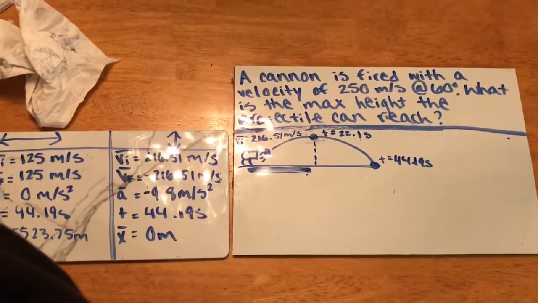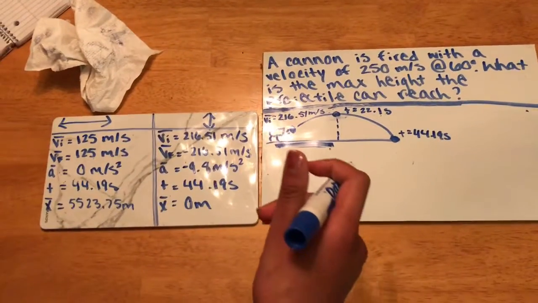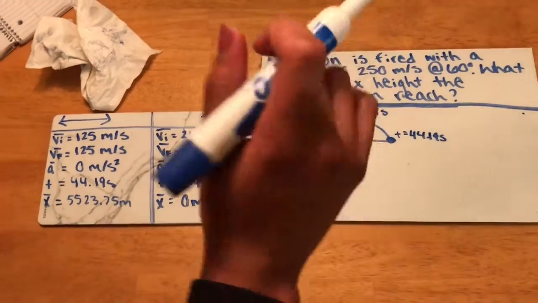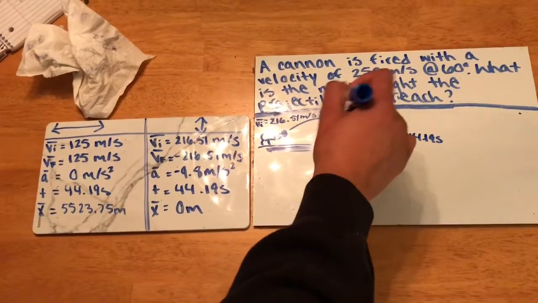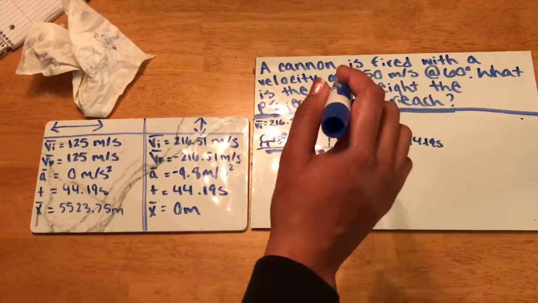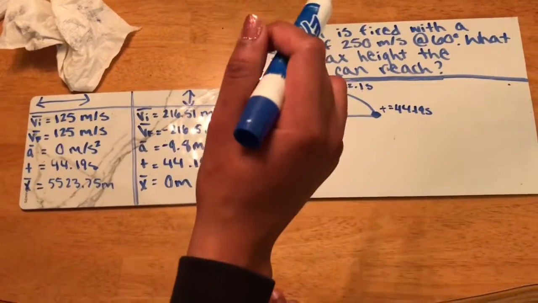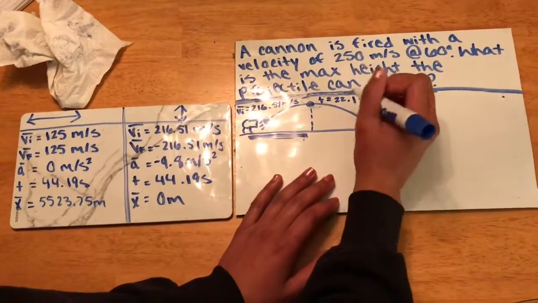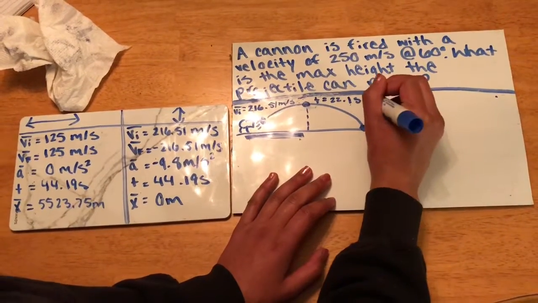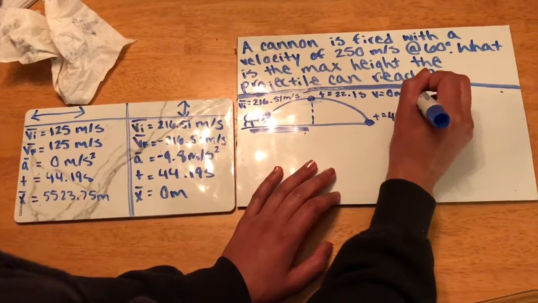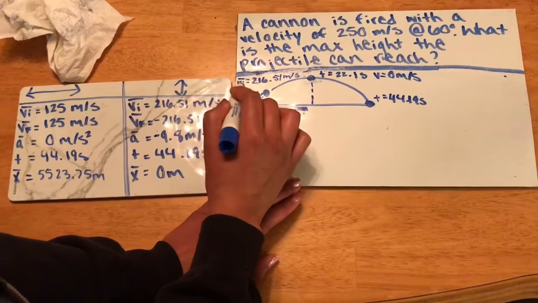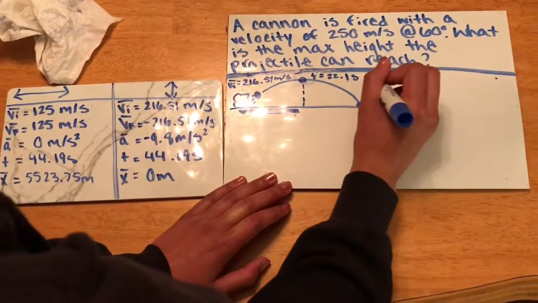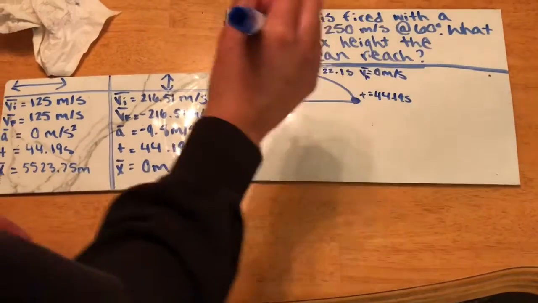Another thing that we know is the vertical component of the velocity at the top of this is equal to 0, because this is a point where the upward motion is stopped and the projectile begins to fall back to Earth. So we know that our velocity up here at this top, v equals 0 meters per second, which is perfect because since we're only doing half, we can call this our initial velocity and this our final velocity.